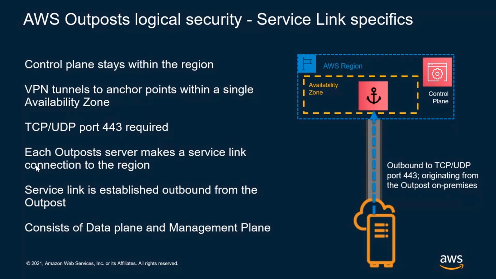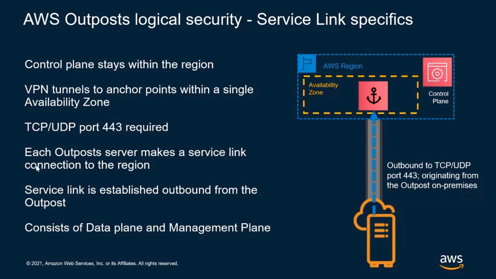So the mental model I present here is that consider Outpost to be like taking a piece of an AWS data center and stretching it all the way to your physical location where you want to deploy and keep your data and processing over a very long cable that's tied back to the region.